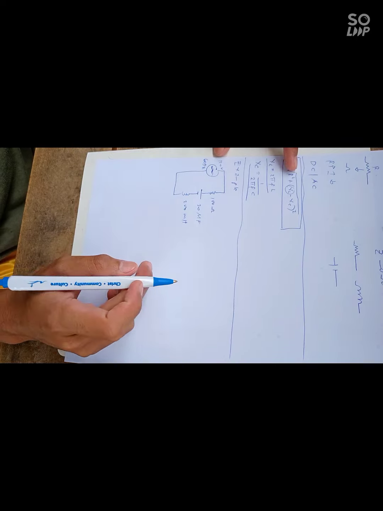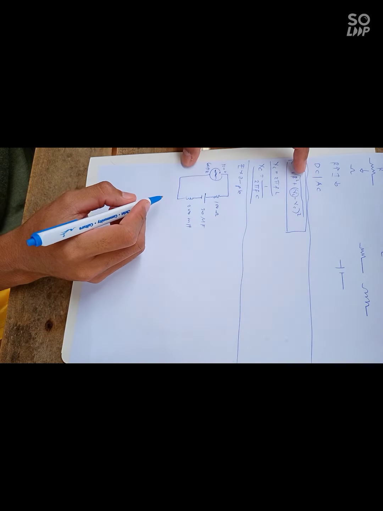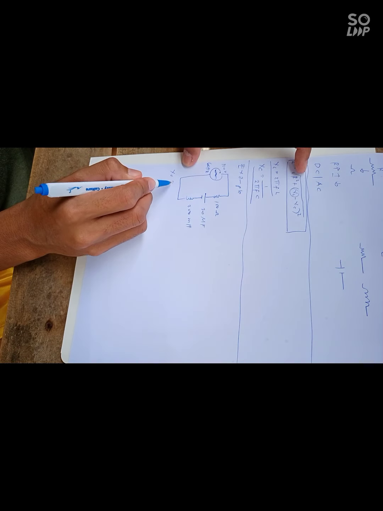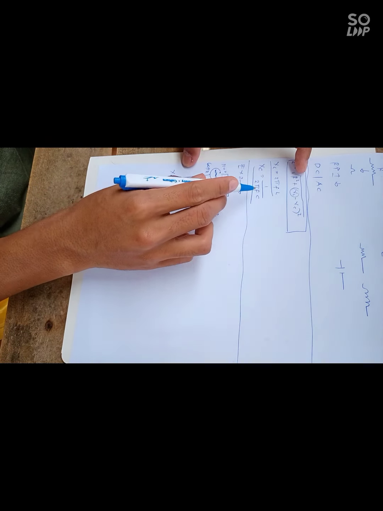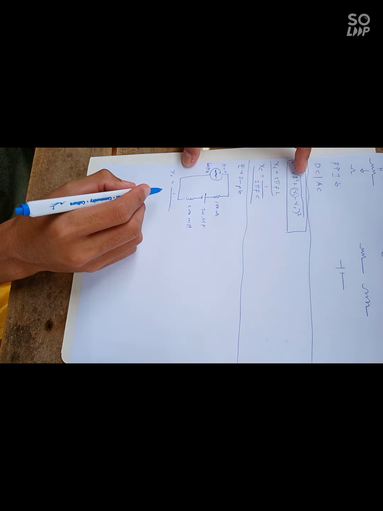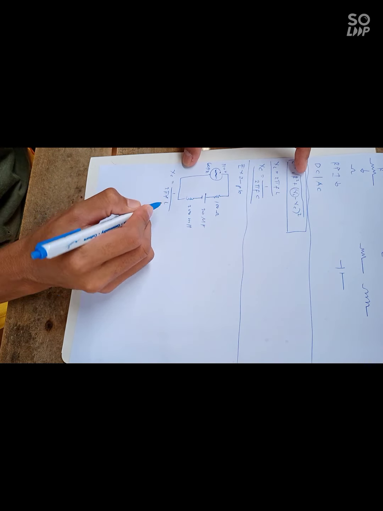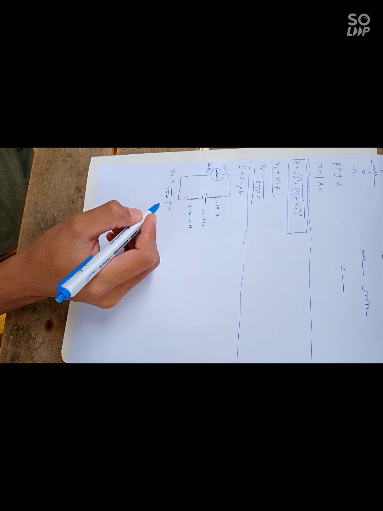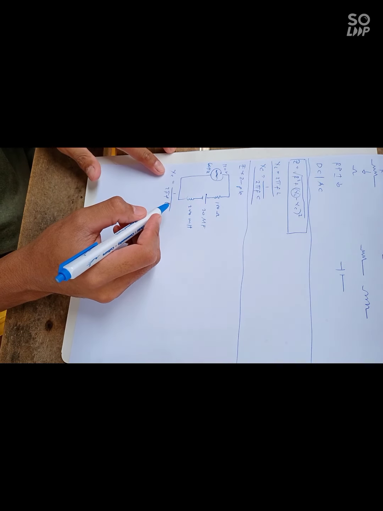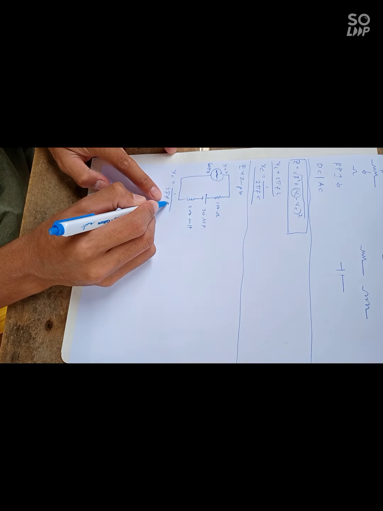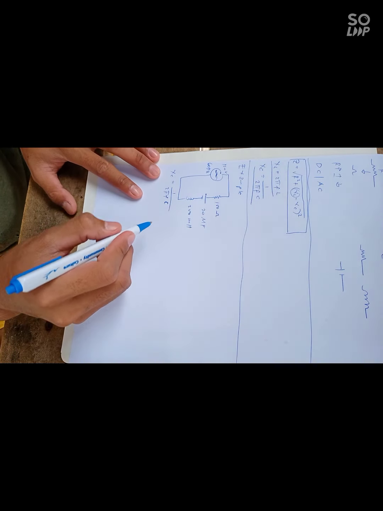First, we will solve the capacitive reactance. Copy the formula: 1 over 2 pi times frequency times the capacitor.